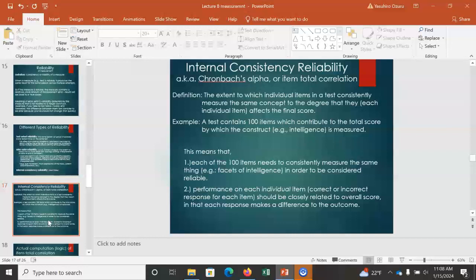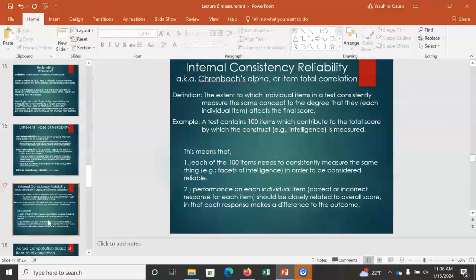Then, because of the content validity issue that we talked about, you can't have just one question, you need to have 20, 30, 40 questions to assess a person's depression. The implication of this is that these 40 questions included in your questionnaire need to be equally measuring depression, even though they're measuring different aspects. And to the extent depression is a coherent construct, all these measures should be consistently positively related.